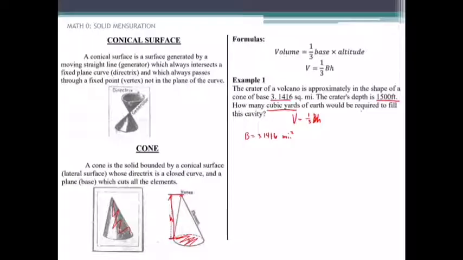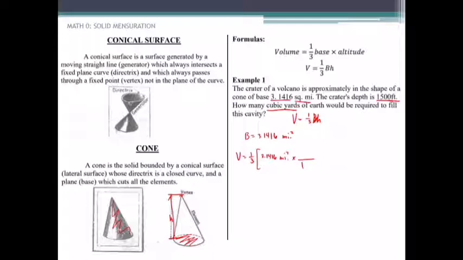So is it direct substitution? We have 1/3, but the base is in square miles and the height is in feet. So we will convert this square miles. Our base is 3.1416 square miles, so miles, convert it to feet.